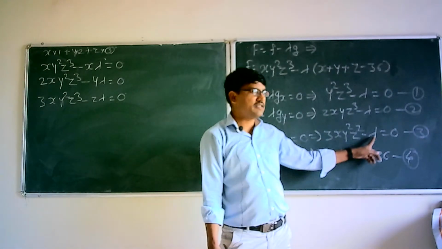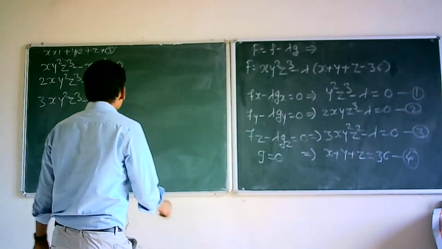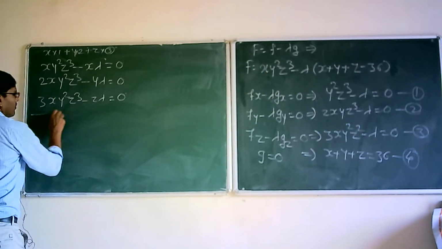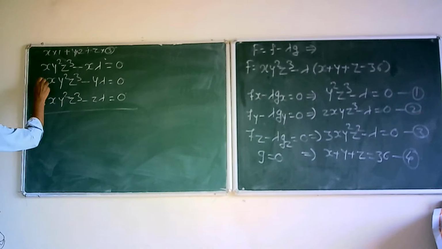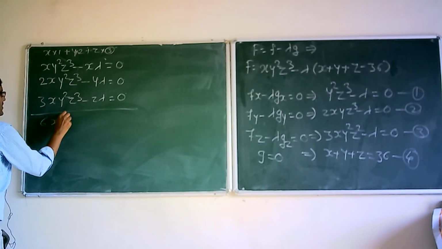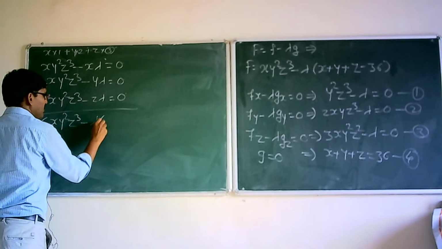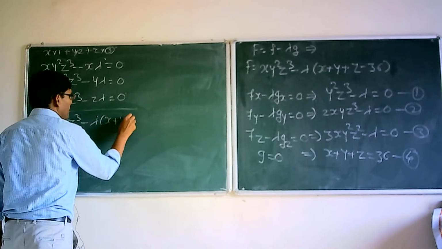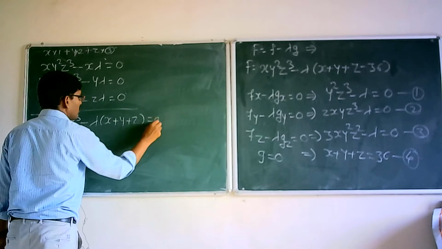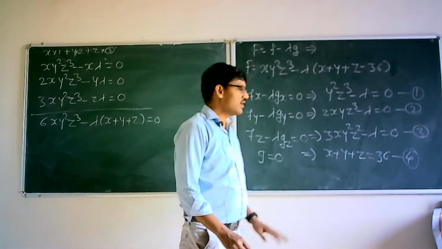If you multiply this equation by z, this equation by y, and this equation by x, and add these three equations, you will get 1 plus 2 plus 3, that is 6 x y square z cube minus lambda times x plus y plus z is equal to 0. But what is the value of x plus y plus z? It is equal to 36.